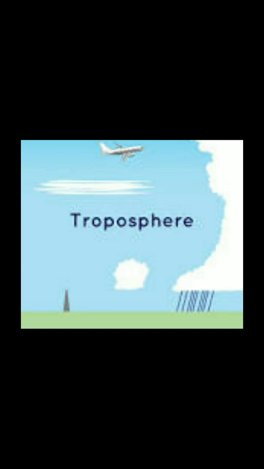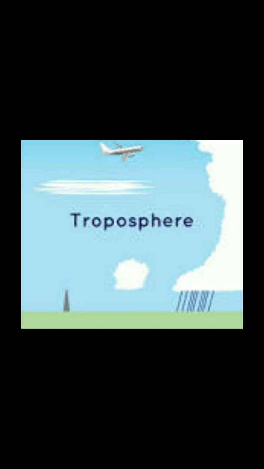You can imagine, from the ground to the level of Mount Everest, the temperature falls at 6.4 degrees Celsius per kilometer, and this fall in temperature is known as the normal lapse rate.